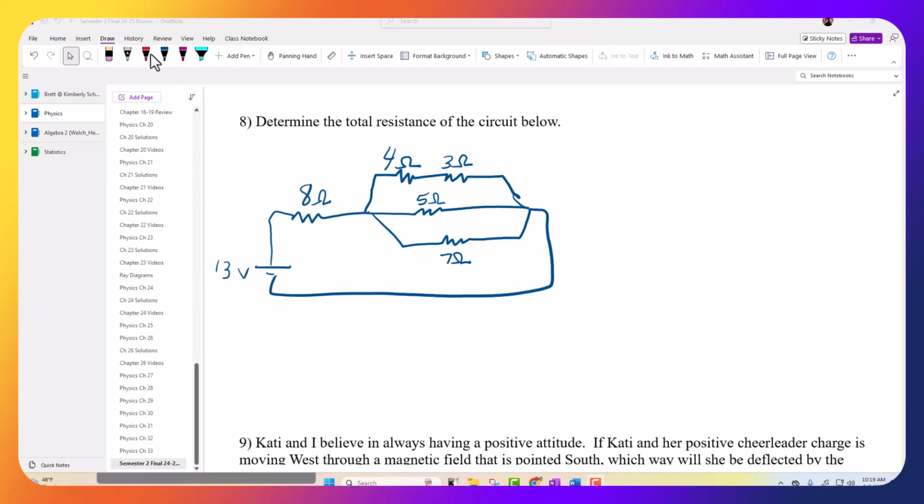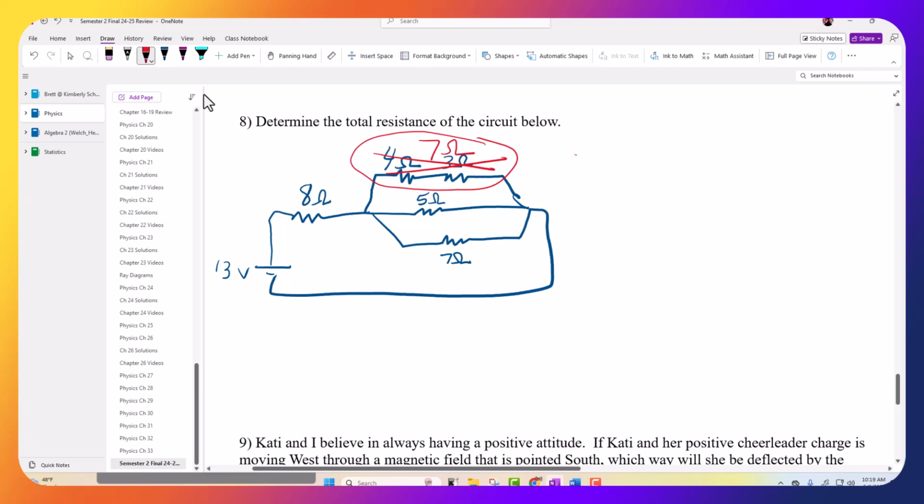So I'm going to look at this big complex chunk and try to break it down. When resistors are back to back in a series connection, like the 4 and the 3, how do those get combined? That's just a simple addition. So this now becomes a 7 ohm resistor.